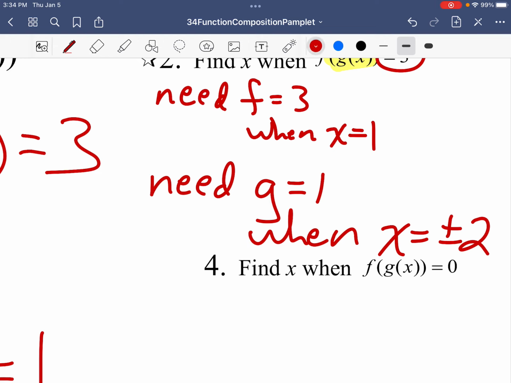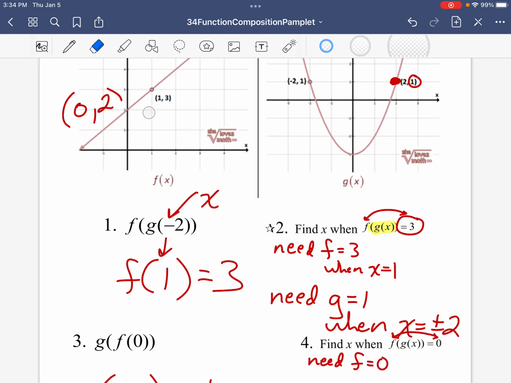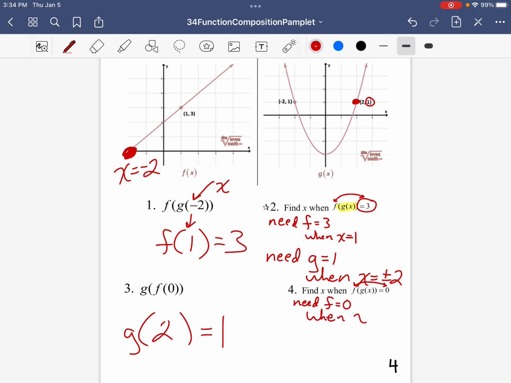Backwards. Use my little strategy. How does this work? Okay, well, 0 is the answer, so that means that we need f to equal 0. Now, to say f equals 0 means that that's the y value. Okay, that's the y value, so that's happening right here. That's happening when x equals -2. Now I go to my inside function, which is g, and I say that I need g to equal that answer that we got to equal -2.